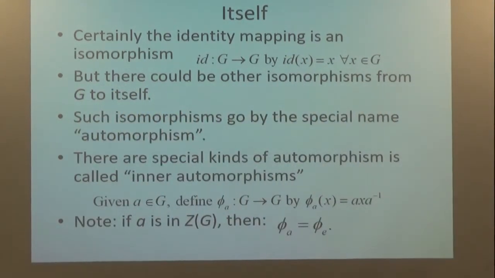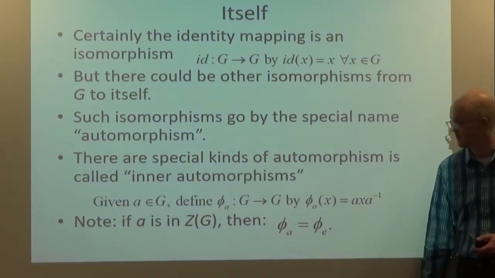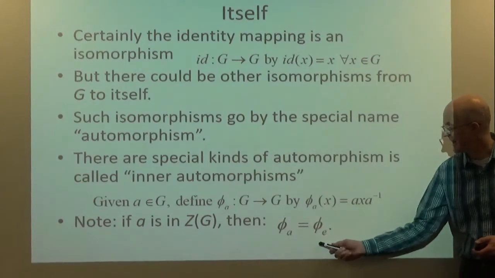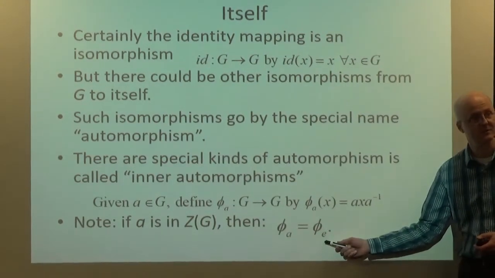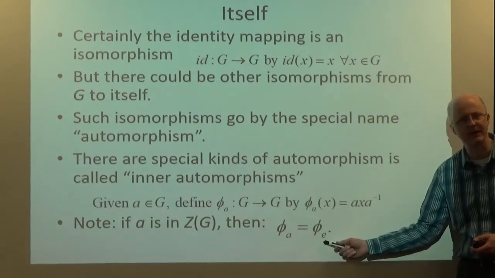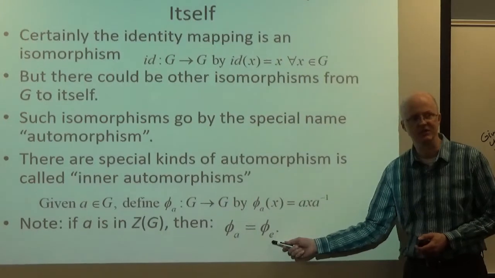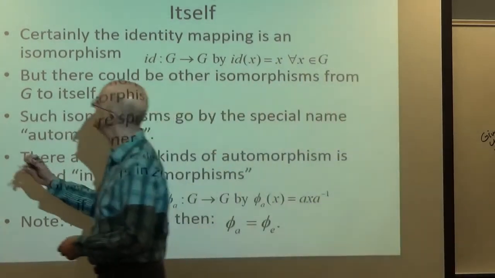Note, if A happens to be in the center of the group, so it commutes with everything in the group, then phi sub A actually is the same as phi sub E. So we could get repetitions. This is not the same as what we were doing in lecture A with the left regular representations. Each little g gave us a unique T sub g.